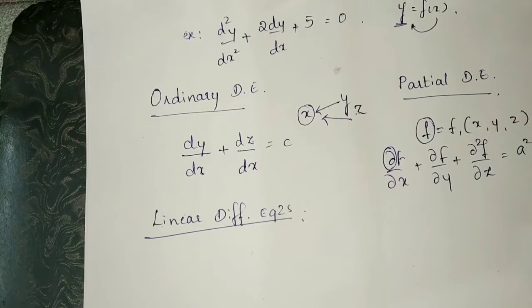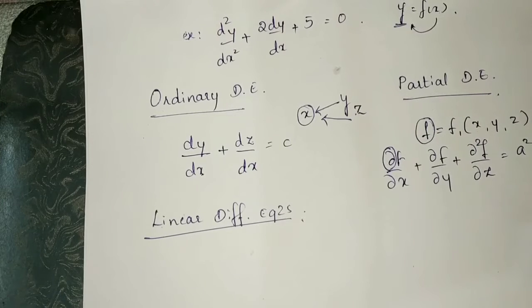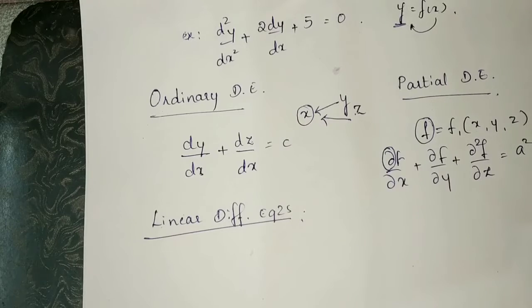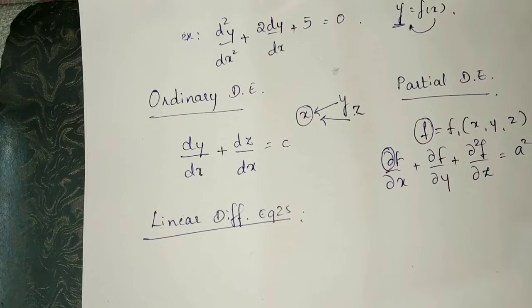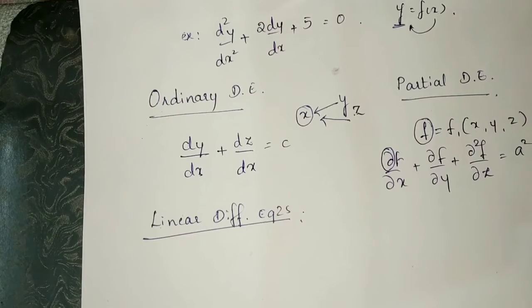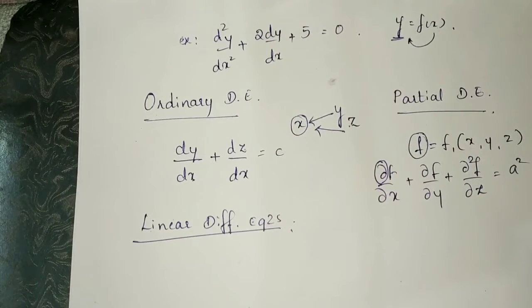Then that type of equation is called a linear differential equation. If it contains the product of two or more unknown variables, or the unknown variables are also products of other unknown variables and their derivatives, then that type of equation is a non-linear differential equation.